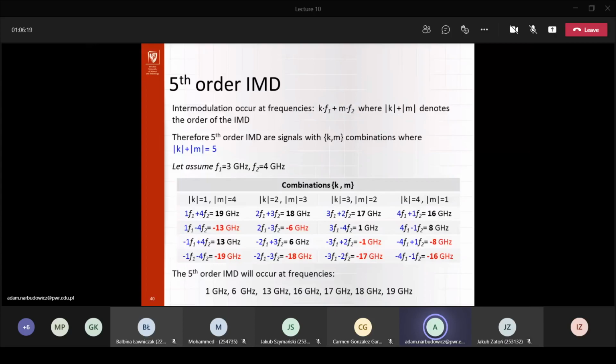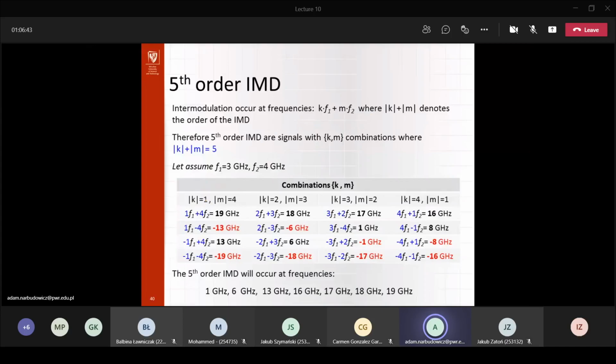Now if you move to fifth order intermodulation products, any combination of k and m which gives us the number 5 will be a fifth order intermodulation product. As you can see, we generate quite a lot of new frequencies, because there are 4 possible combinations of k and m which give 5.